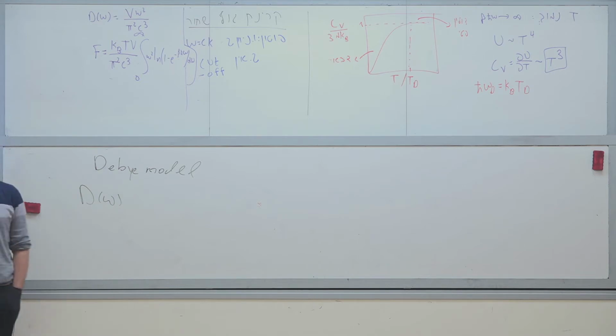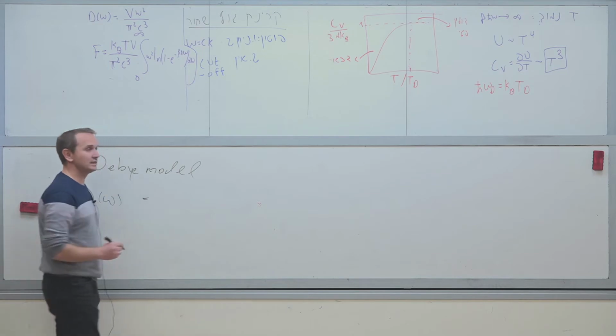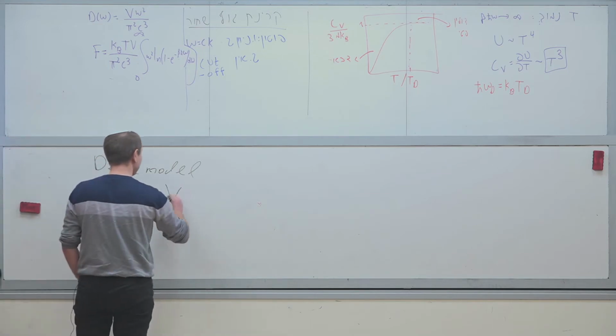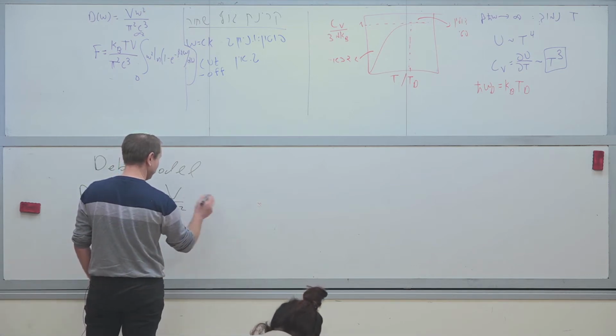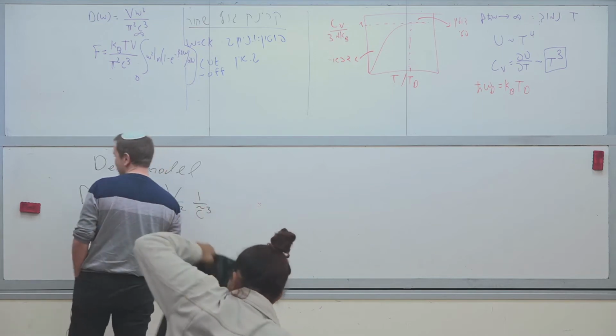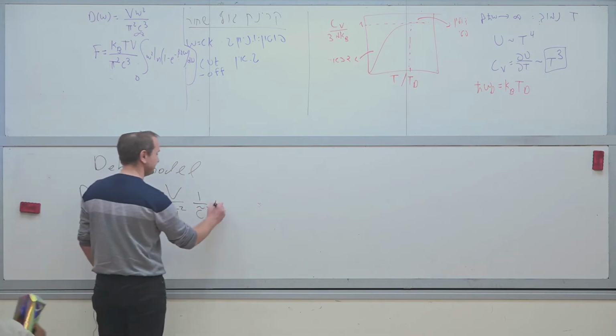It's the density of states with a specific frequency omega for the standing waves inside a media, and it was V divided by 2 pi squared, 1 over c tilde to the power 3, omega squared.